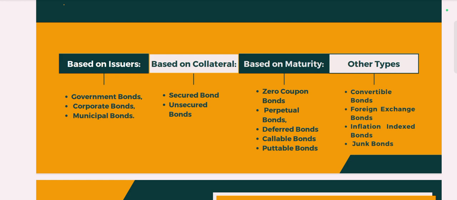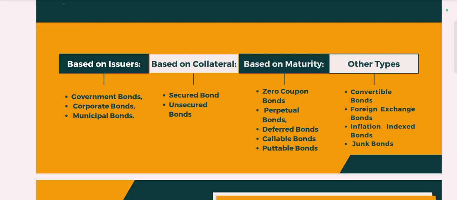Based on issuers: government bonds, corporate bonds, municipal bonds. Based on collateral: secured bonds, unsecured bonds. Based on maturity: zero coupon bonds, perpetual bonds, deferred bonds, callable bonds, puttable bonds.